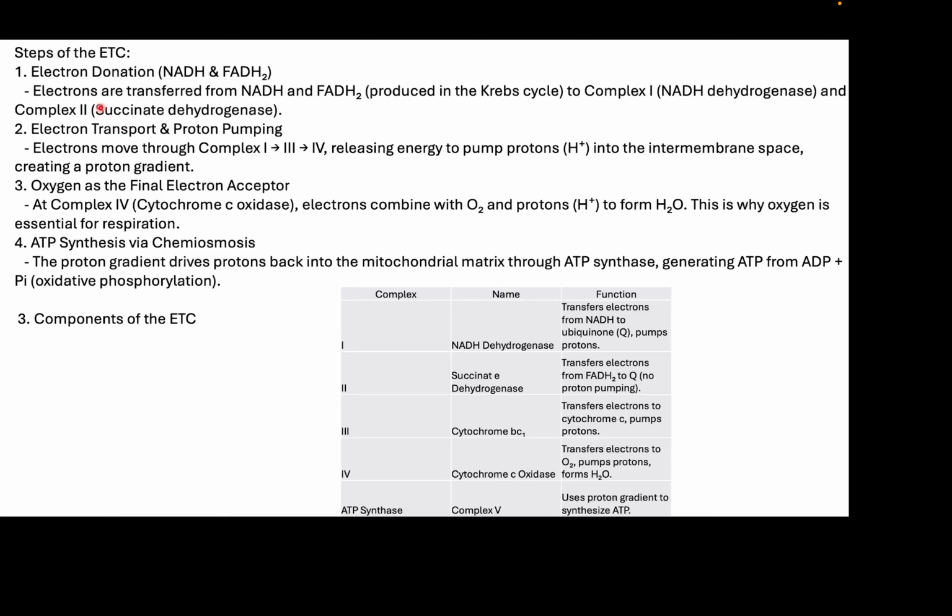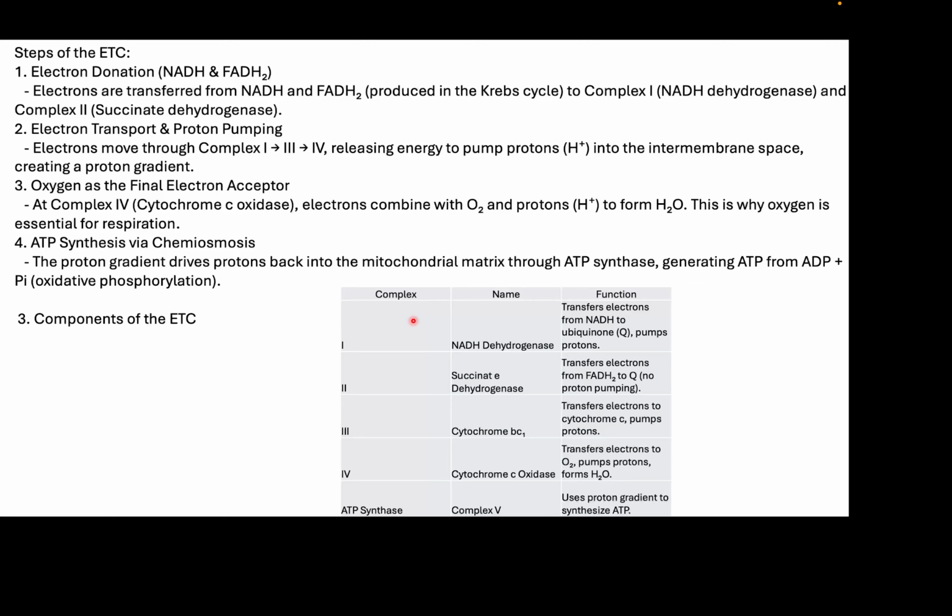NADH and FADH2 are small molecules which carry the electron from the place where they are formed to the first complex or first enzyme of the ETC. The first complex is named NADH dehydrogenase, which transfers electrons from NADH to ubiquinone and pumps protons.